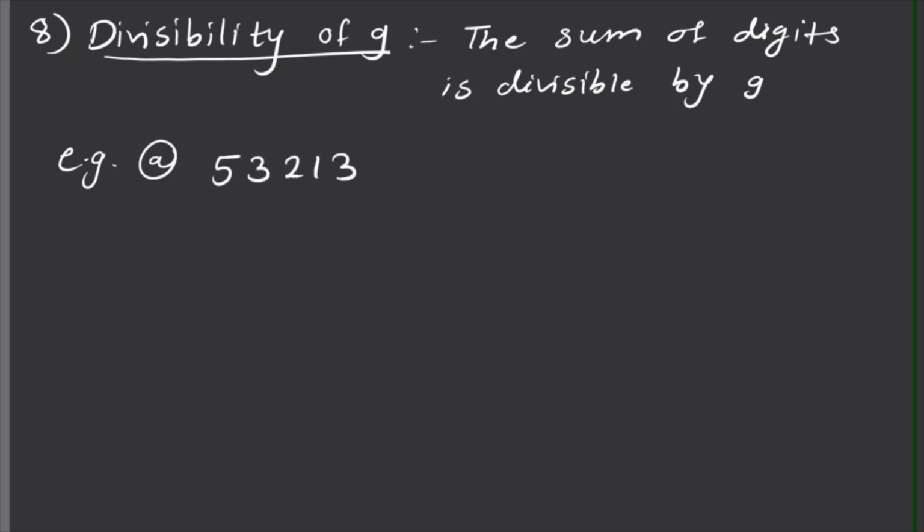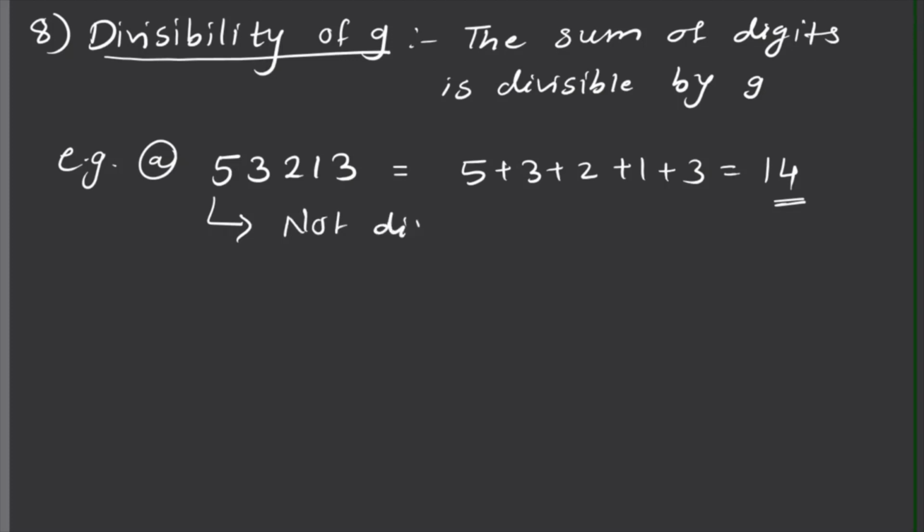53,213. In this example, we add all the digits. So 5 plus 3 plus 2 plus 1 plus 3, and we get 14, and 14 is not divisible by 9. That's why the whole number 53,213 is not divisible by 9.